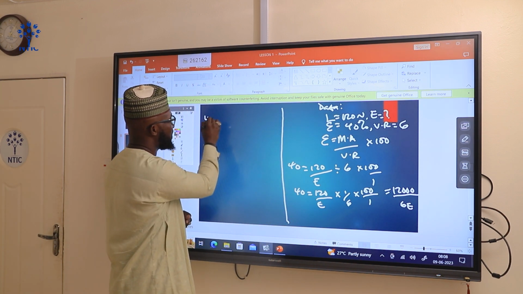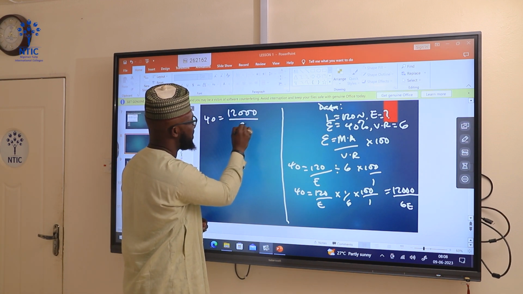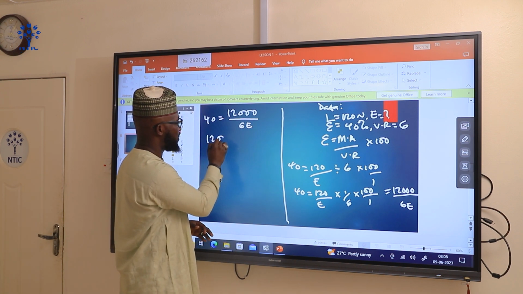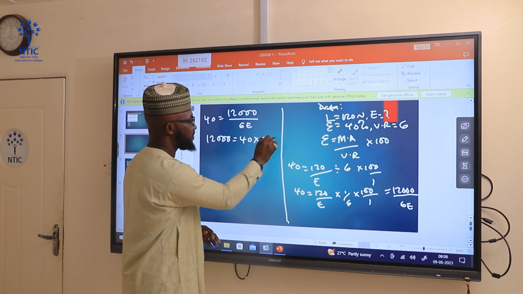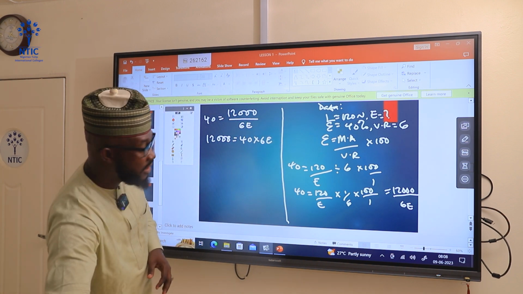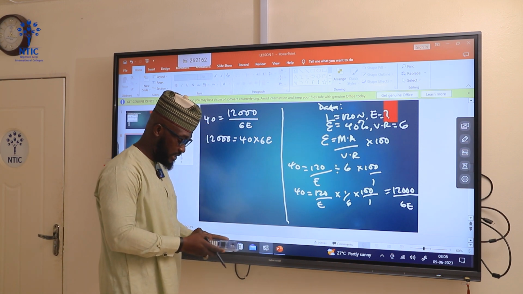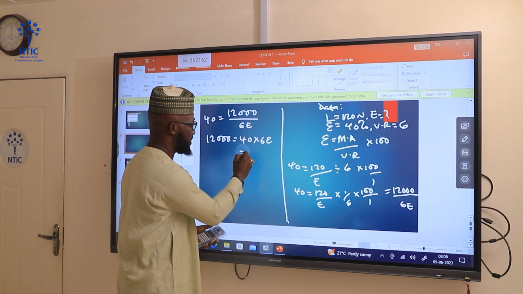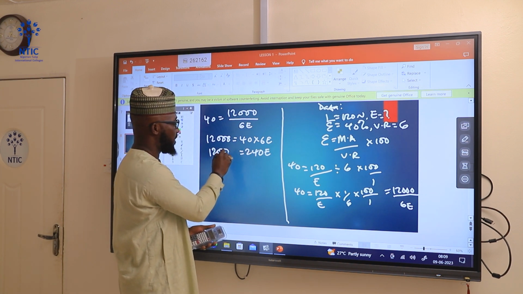So we have 40 equals 12,000 all over 6E. Remember, we are cross multiplying. So this is going to be 12,000 equals 40 times 6E. So let's go back to our calculator. 40 times 6. We have 240E. This is 240E equals 12,000.